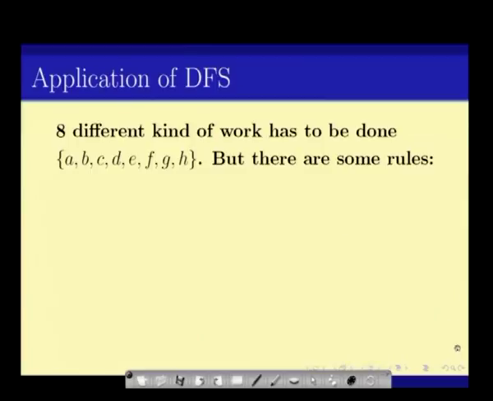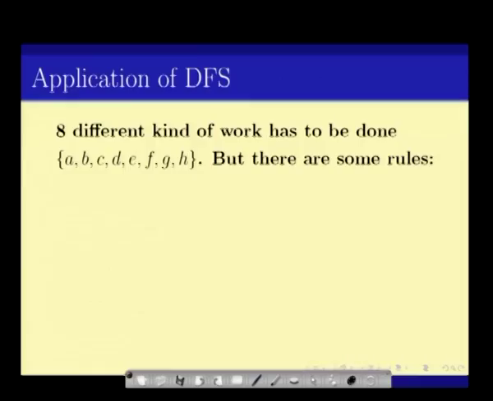Now, let us look at a very different application of DFS, something that would not follow immediately. Say you have to do a lot of work. There are 8 different works that one has to do, but there are some rules. These works are, say, A, B, C, D, E, F, G, H. Now, what kind of works can there be?